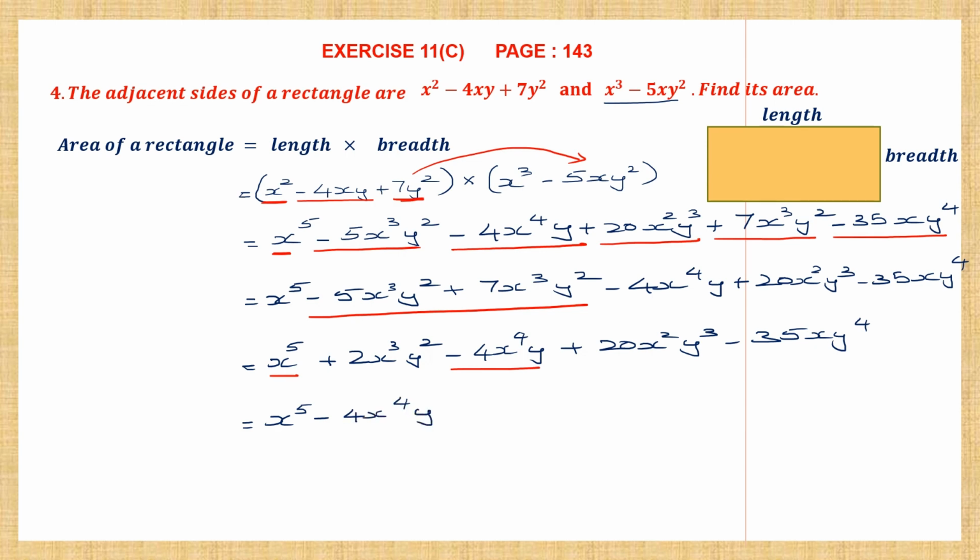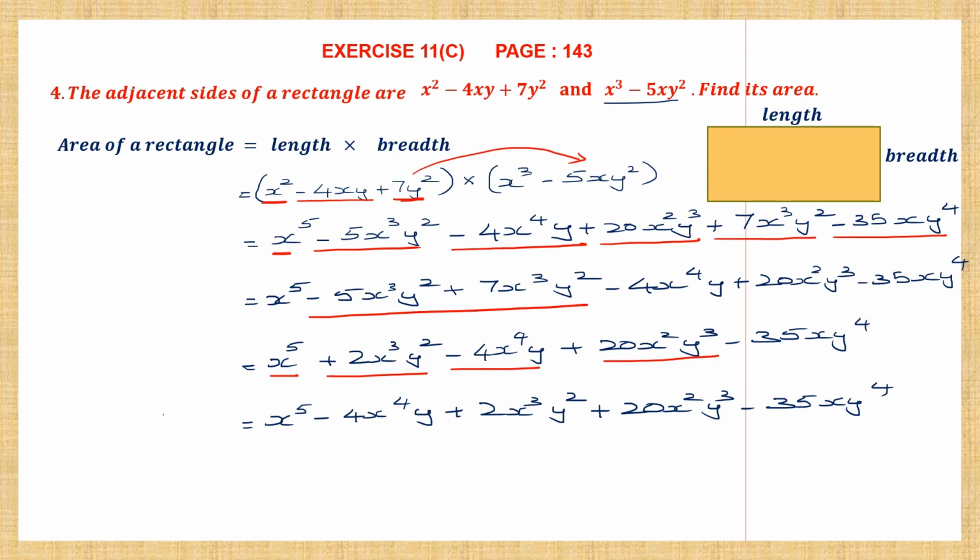Now let's look for x to the power of 3. So we have it here. So that will be plus 2x to the power of 3y square. Now let's look for x to the power of 2, which is here. So that is plus 20x square y cubed, and the last one, that is minus 35xy to the power of 4.